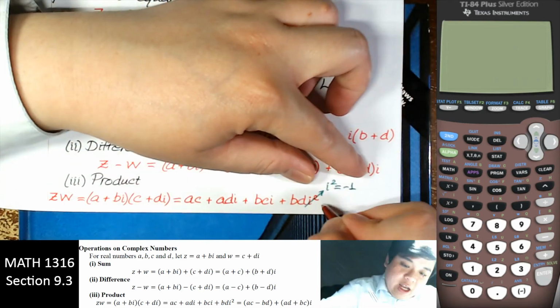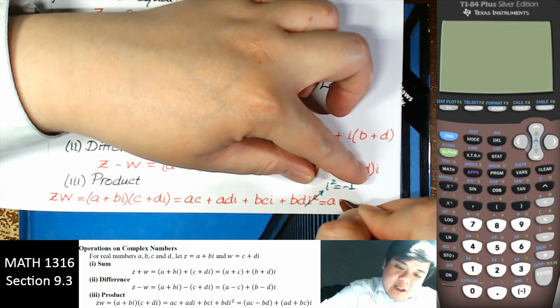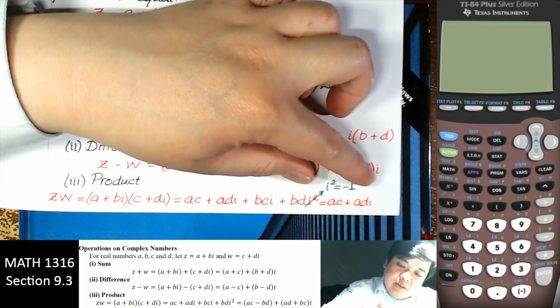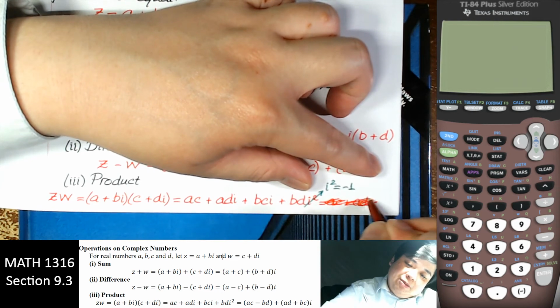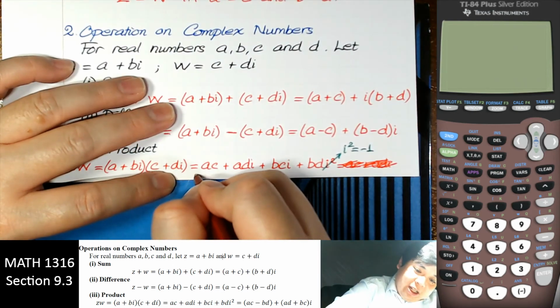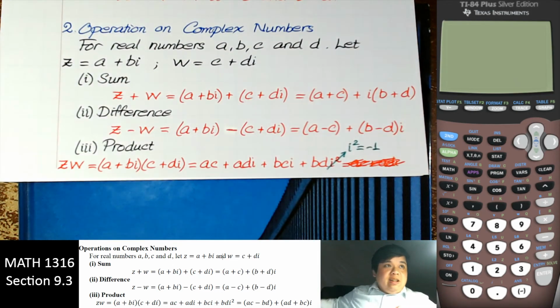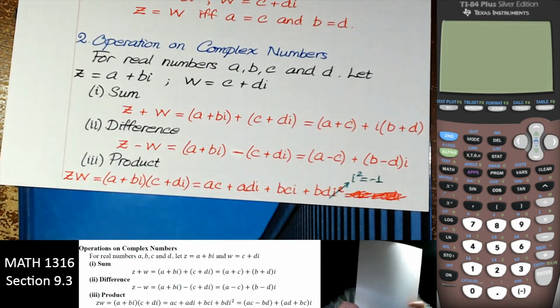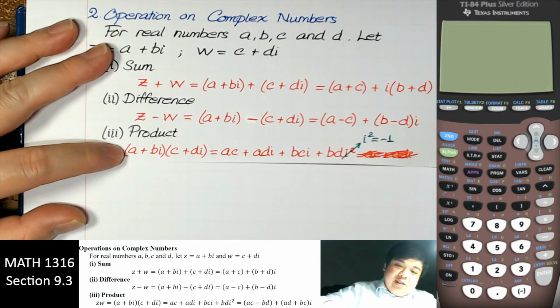So we can write this as ac plus adi. Run out of space, so I should write that on the next page.